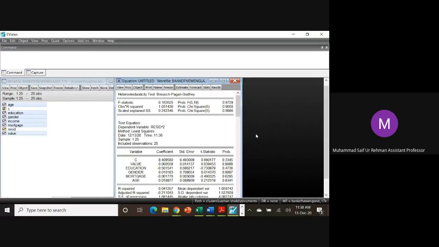We can simply take the log of the variables that are there in the model. When you take the log of the variables, this issue will be removed. So removal is possible if you take the log.